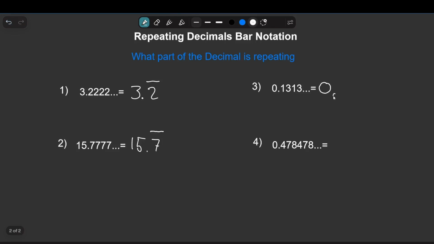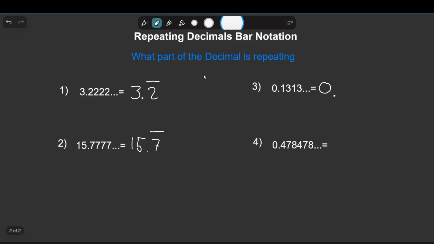Now, of course, we put the decimal right here, and we look at what digit or digits keep repeating. For this one, we have 2 digits that keep repeating. The dots over here tell us it keeps repeating without any stopping.